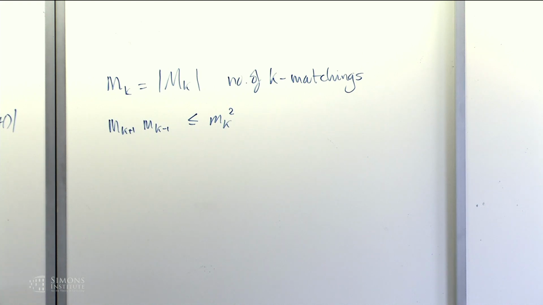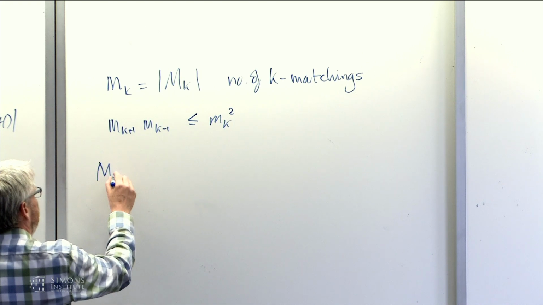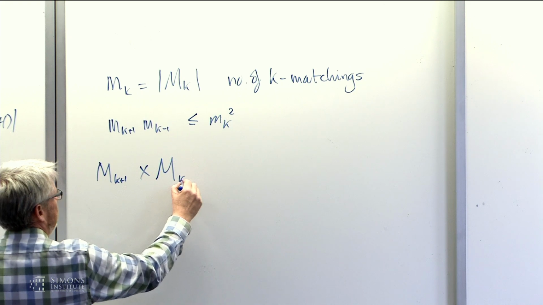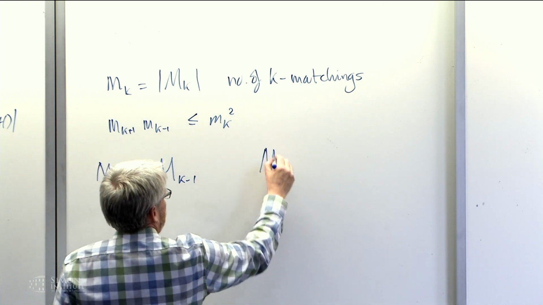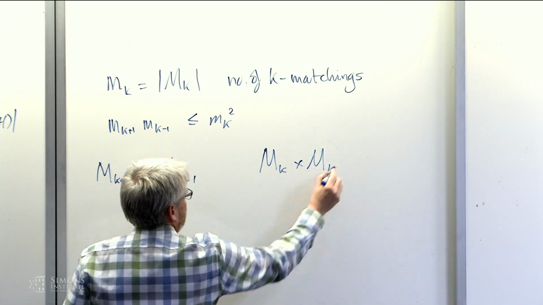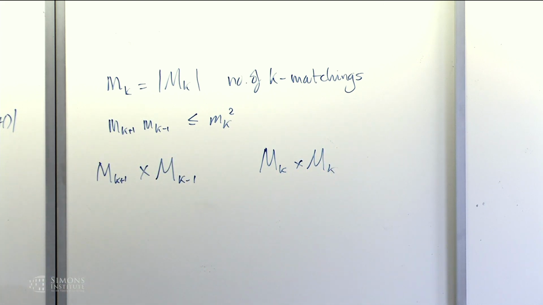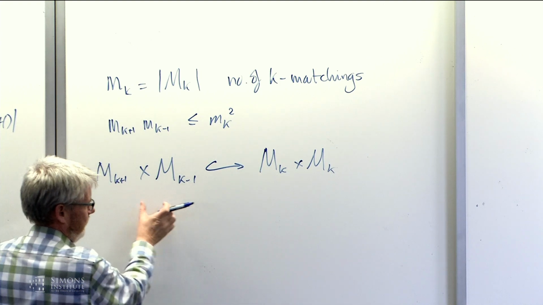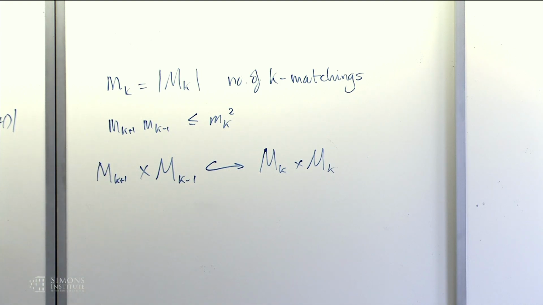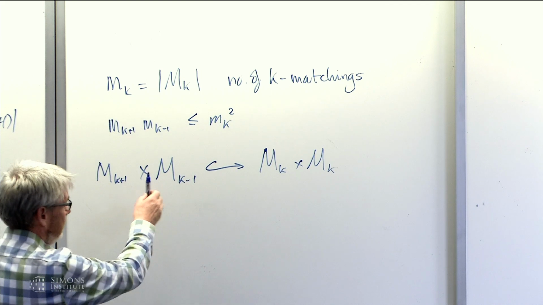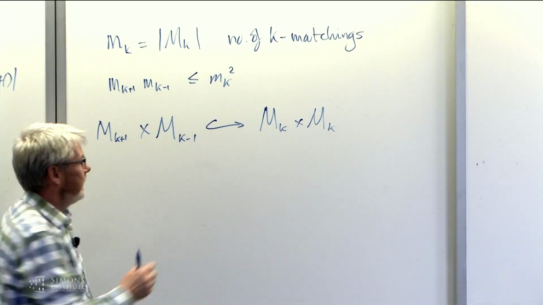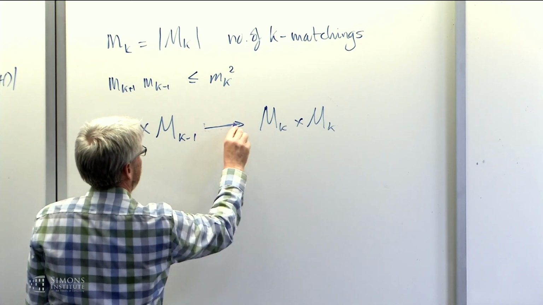So what we want to do is look at the two sets, and set up a mapping from this set of pairs to this set of pairs. Actually, what we'll do is a multi-valued mapping where the out degree from here is strictly larger than the in degree over here.